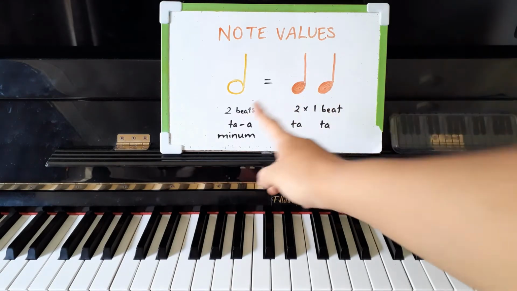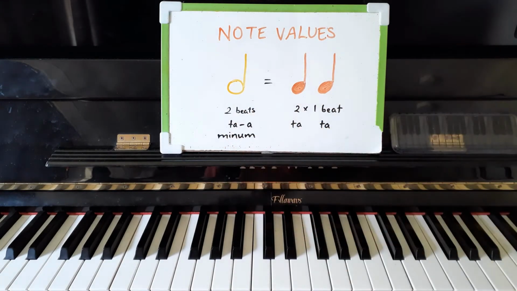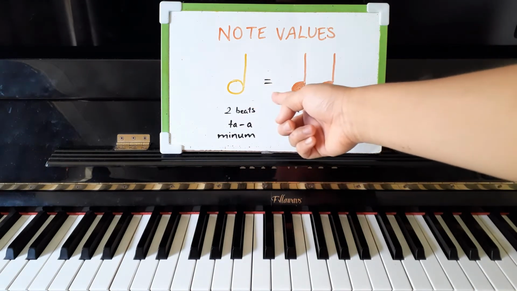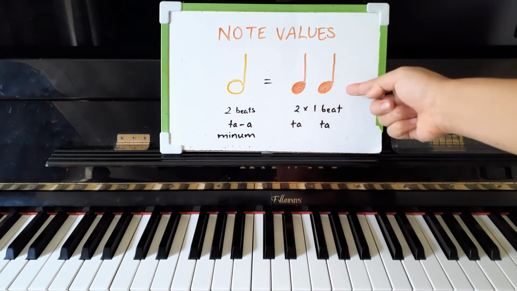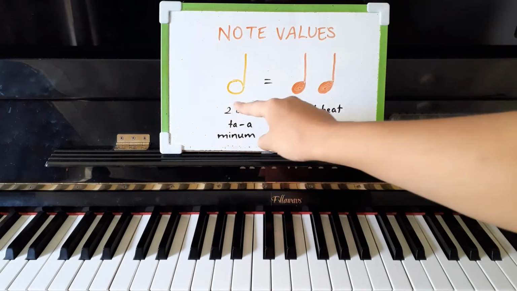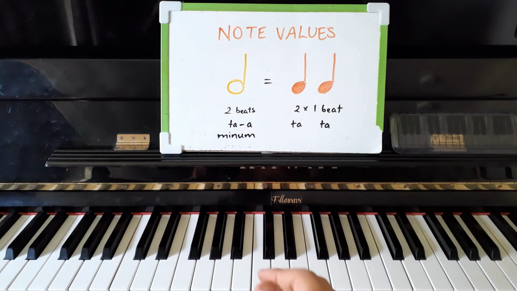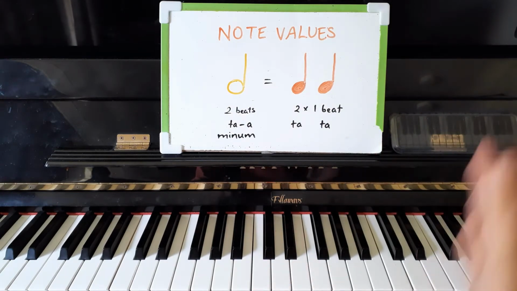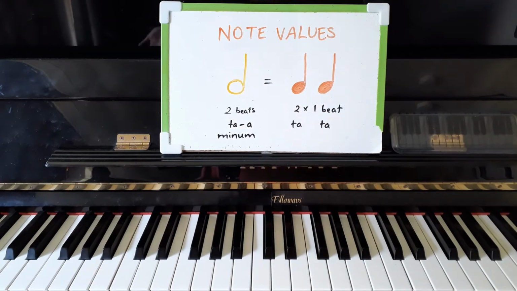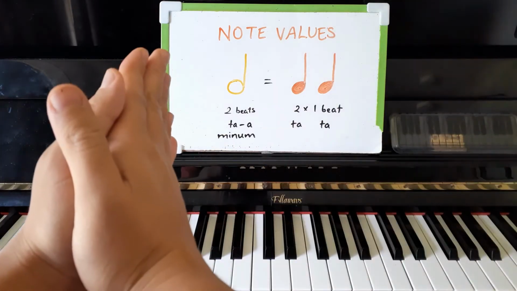Next we have a minim on the left hand side. Its value is 2 beats. That's why it says 1 minim is equal to the value of 2 crotchets. For a minim you can say ta ah and you hold it for 2. You can also count to 2 like this: 1, 2.